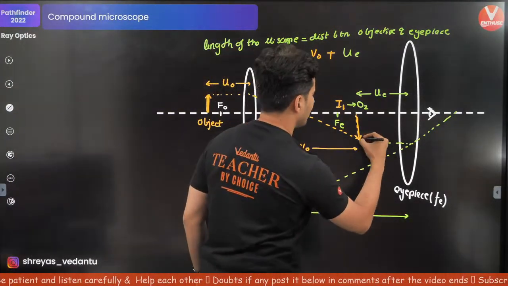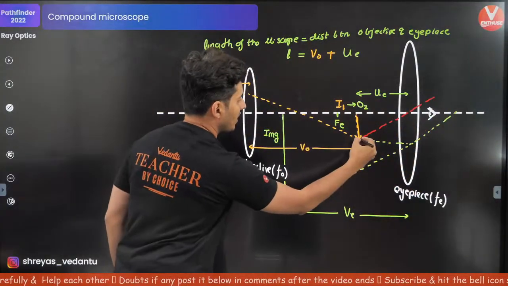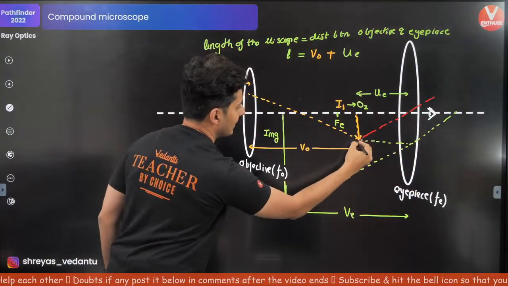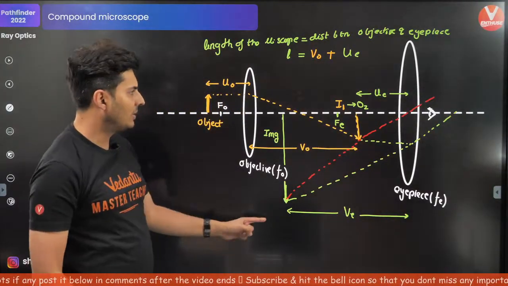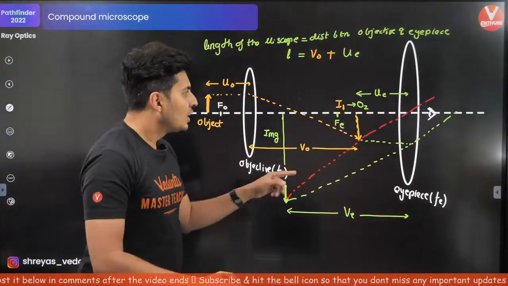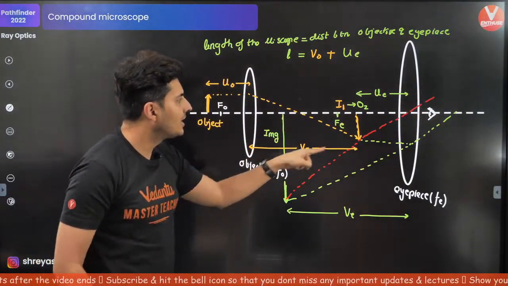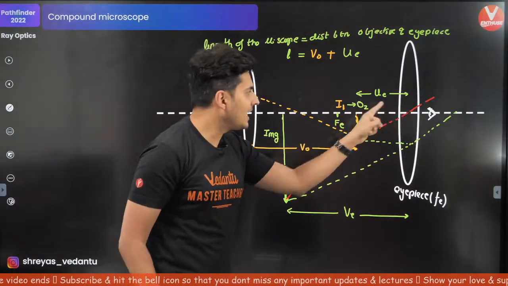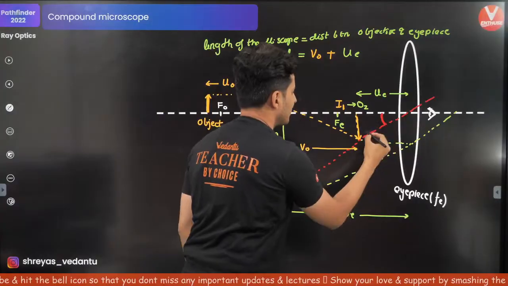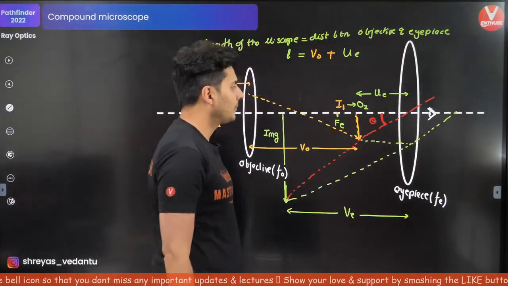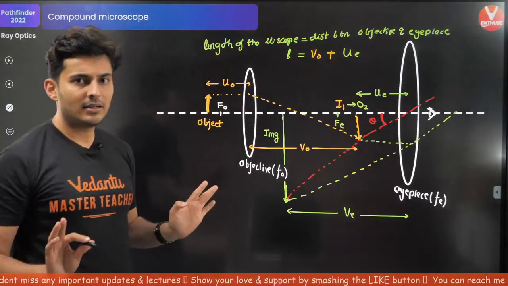The rays which will be going through the center of curvature will go unaffected, and if I extend it backwards, probably it is going to meet over here. This is how it is going to look like, correct? So the angle subtended by the final image at the eye, shouldn't that angle be this angle, my warriors? Shouldn't it be theta? I hope this is clear. This is the angle theta. Everybody understood this?